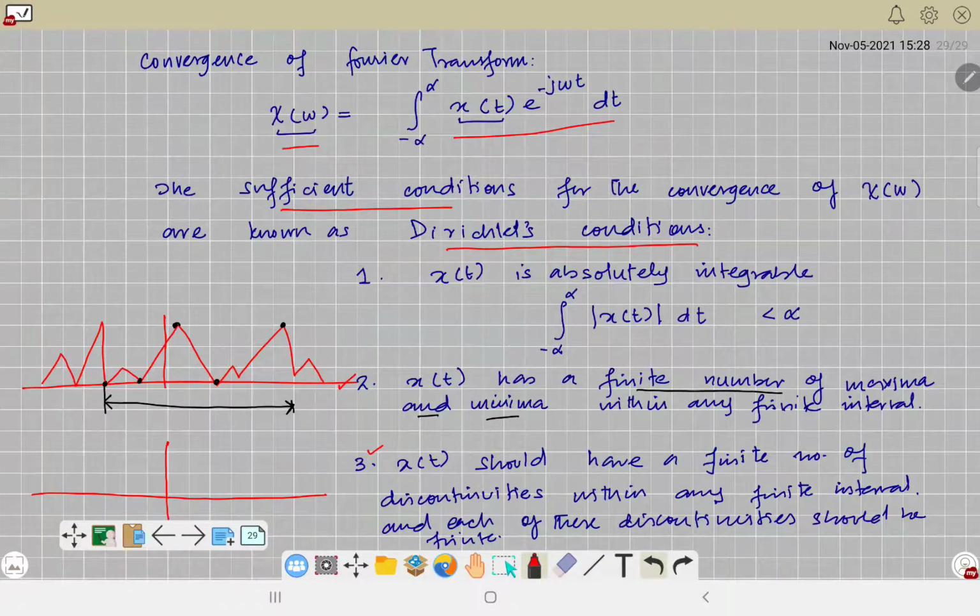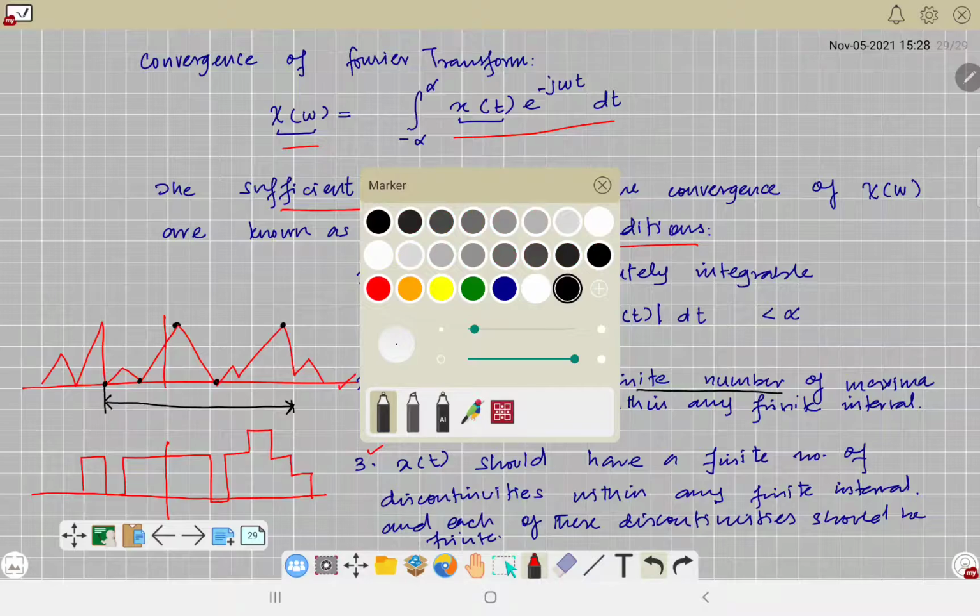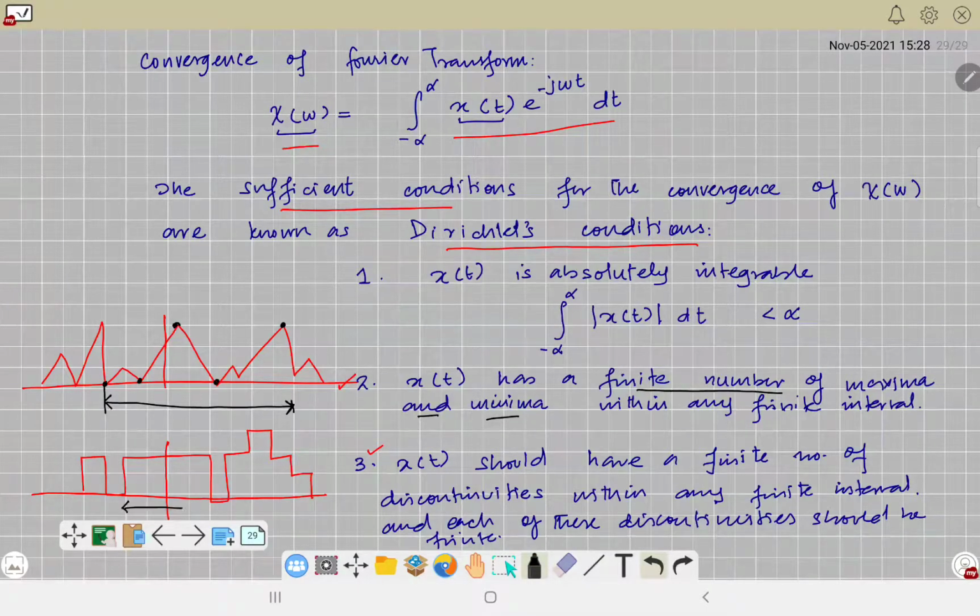Again, we take a haphazard form, say we have a waveform like this. Right? And again, you can choose an arbitrary interval, say from here to here.